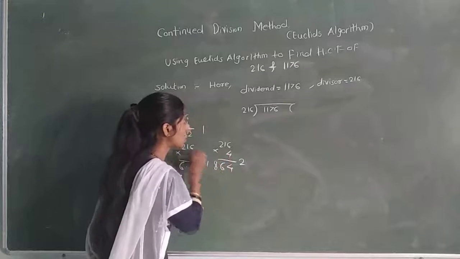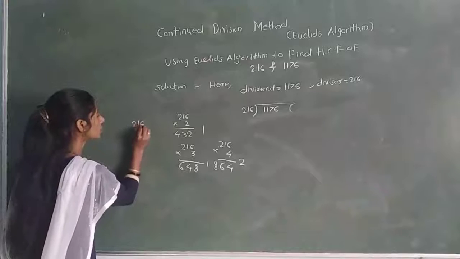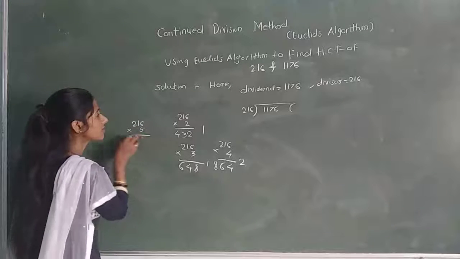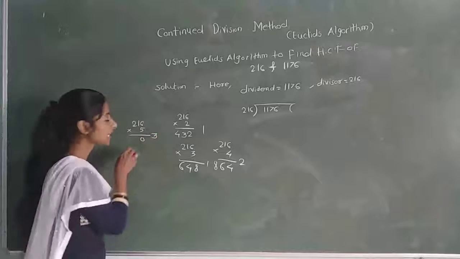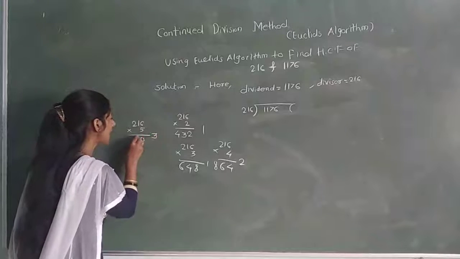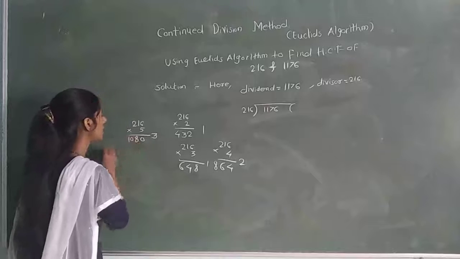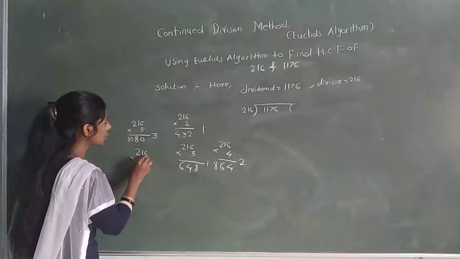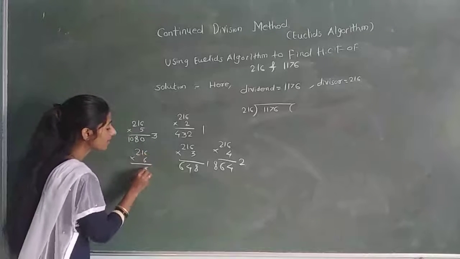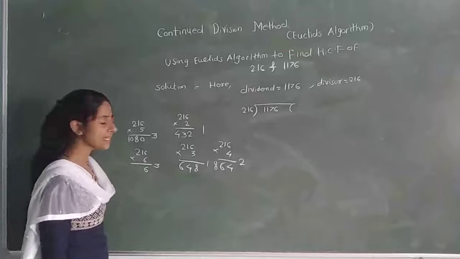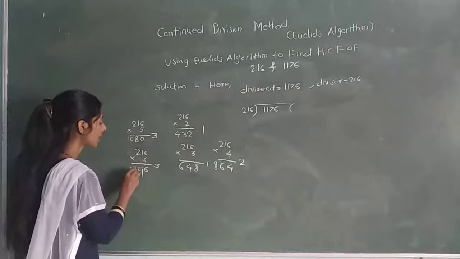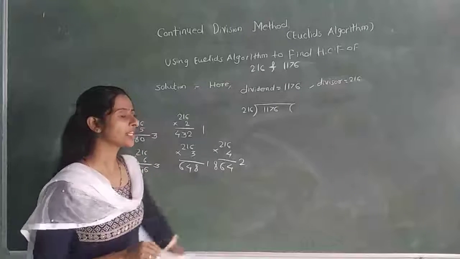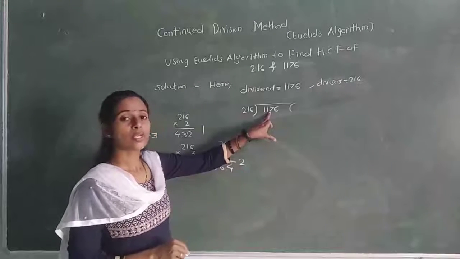4 2s are 8. Okay, next multiplication 216 into 5, that is 5 into 6, 30, carry over 3. 5 1s are 5 plus 3, 8. 5 2s are 10. Okay, next 216 into 6, that is 6 6s are 36, carry over 3. 6 1s are 6 plus 3, 9, which is greater than your dividend.